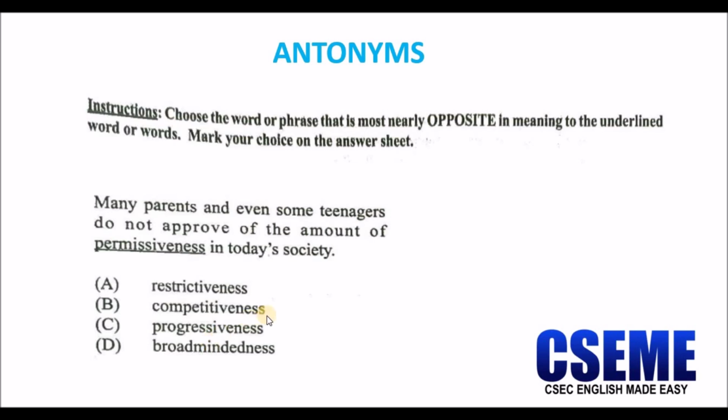I love these options. So, without a shadow of a doubt, we can almost immediately say that the answer is A, restrictiveness, because this would be the opposite of permissiveness, right? And so that would be your answer.